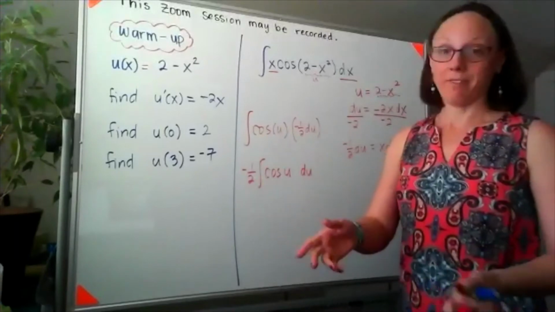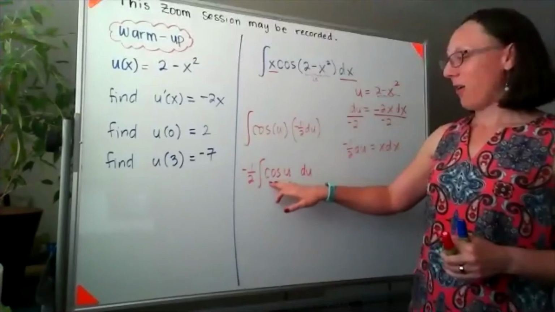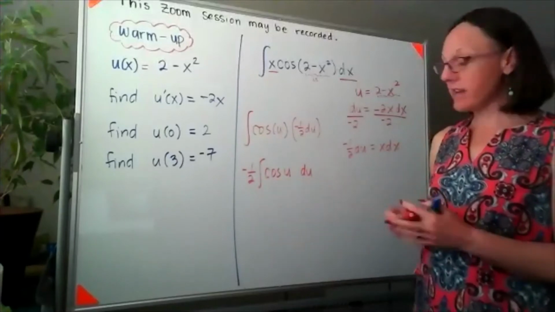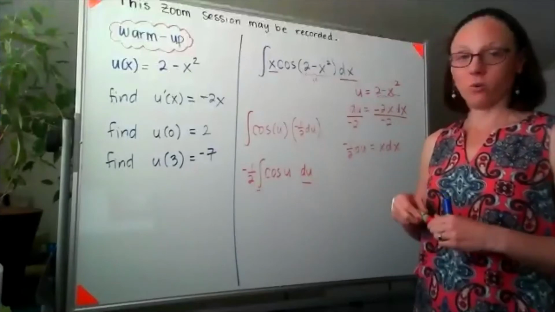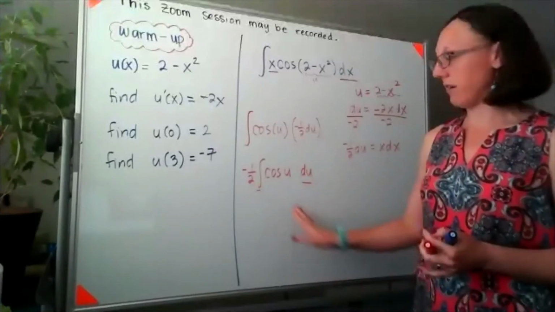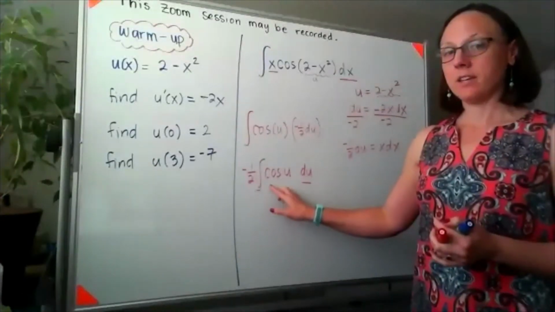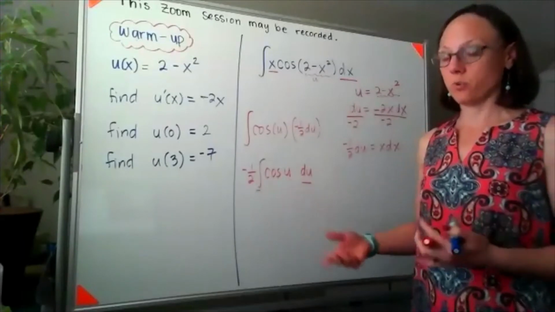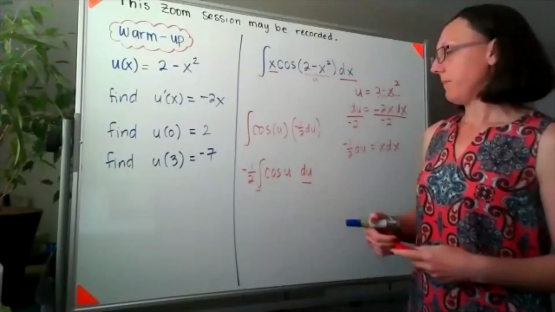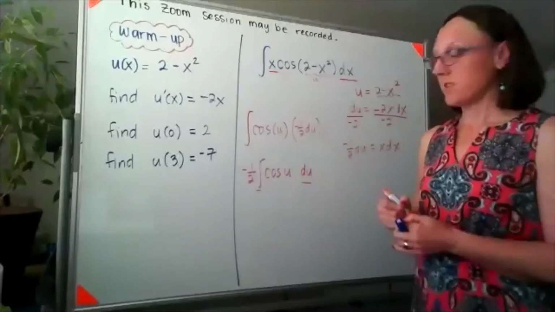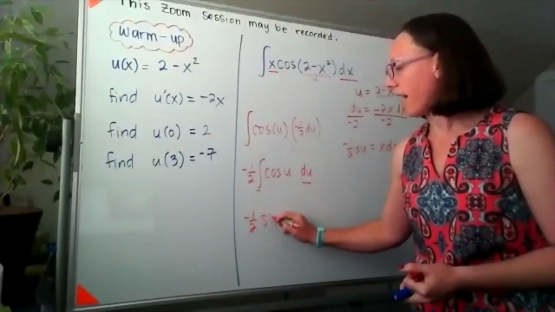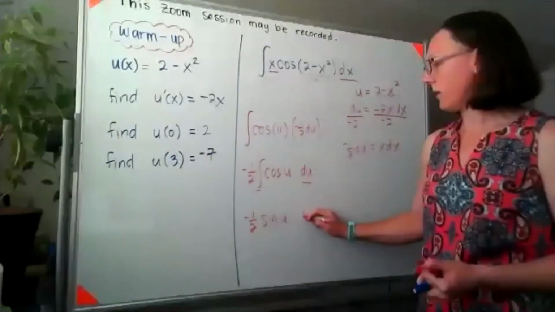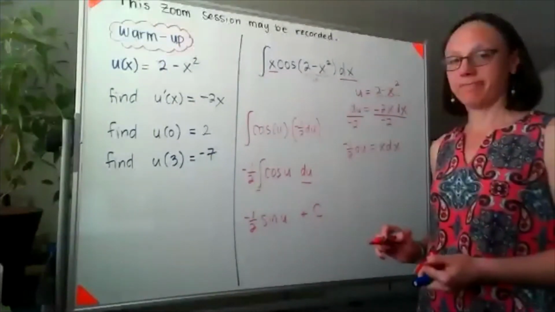Now I'm going to say that this notation of this integral symbol and that du mean find the antiderivative of whatever's in the middle. So cosine of u, whose derivative is that? That's going to be sine. So this becomes negative 1/2 sine of u plus a constant.